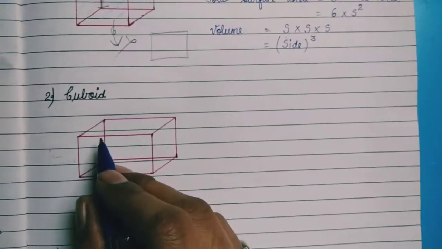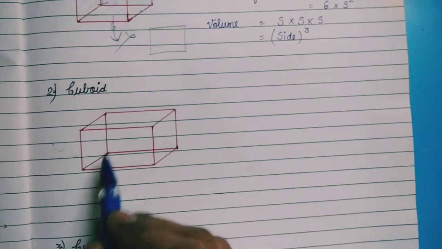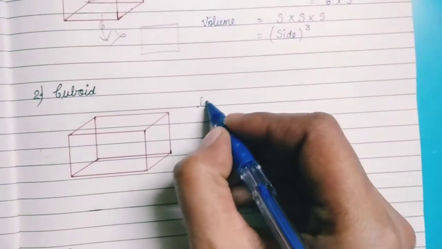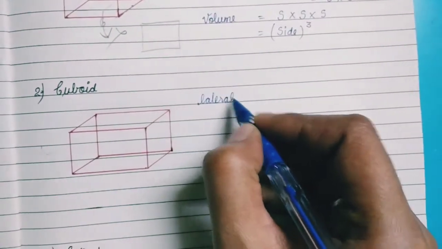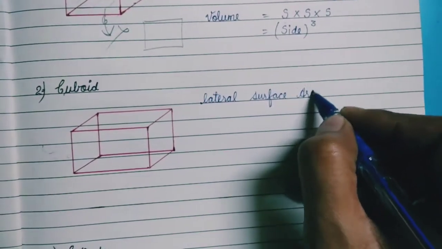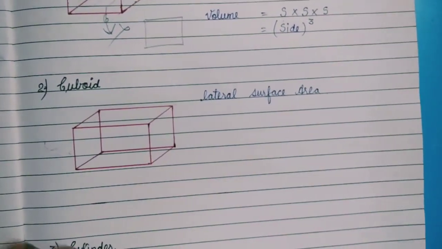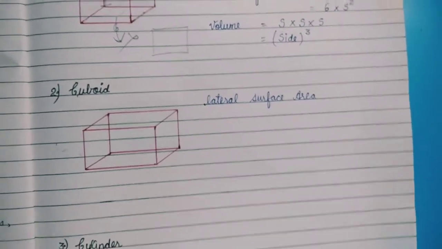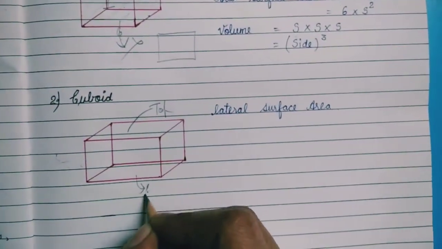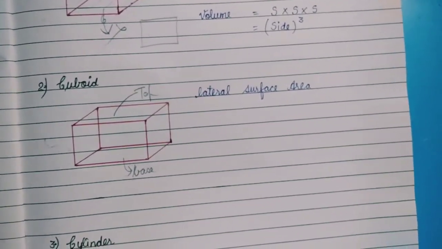Now cuboid. Simply, when we join rectangle with rectangle, we have a cuboid. So its lateral surface area includes all the sides of an object excluding top and base. This top and base will not be included in lateral surface area.